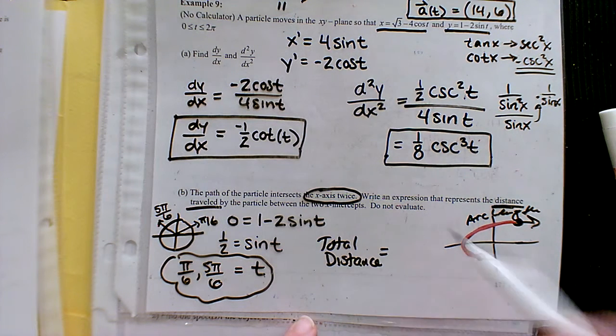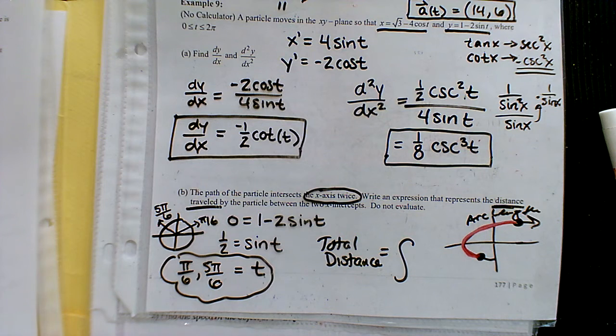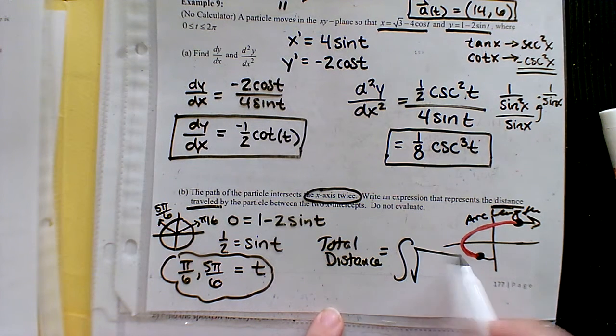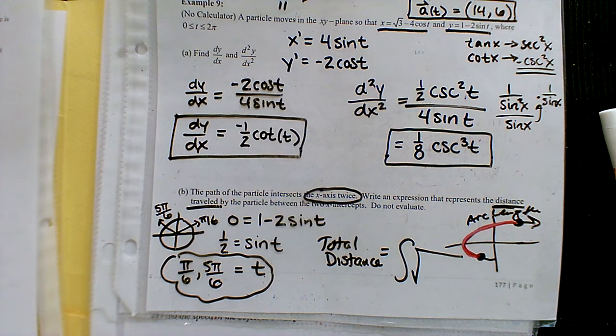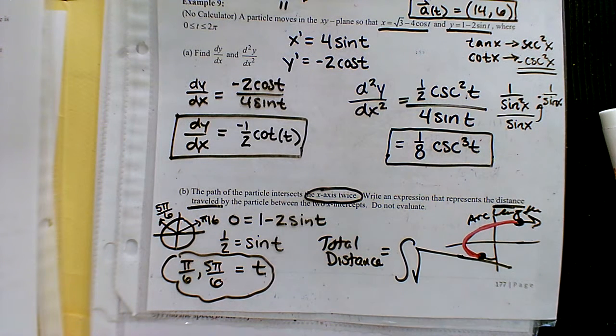distance is the integral of that Pythagorean theorem. So square root, we need the 2 derivatives squared and then added together.